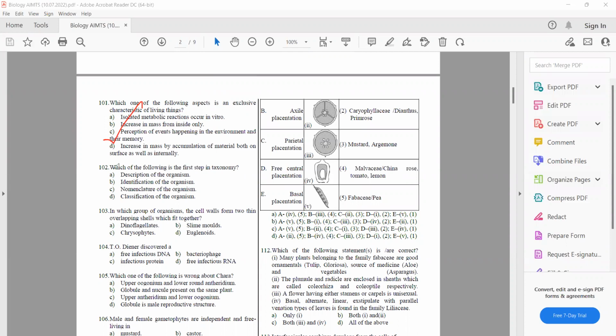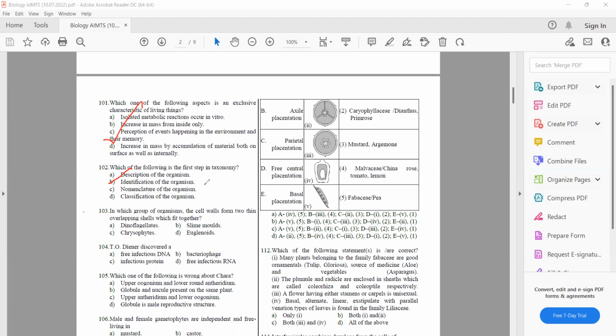102, which of the following is the first step in taxonomy? The first step in taxonomy will be the identification of the organisms. We know taxonomy is the naming of the organisms, right?